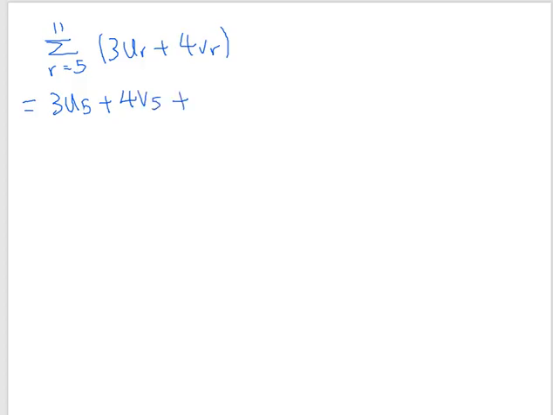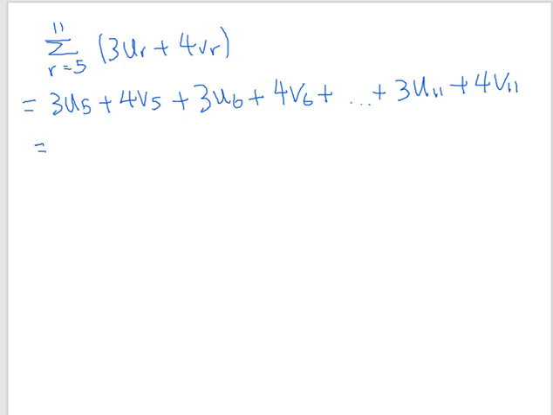And then you sub R as 6, it gives you 3U6 plus 4V6. And then you sub R as 7, 8, 9, 10, 11. The last one will give you 3U11 plus 4V11.